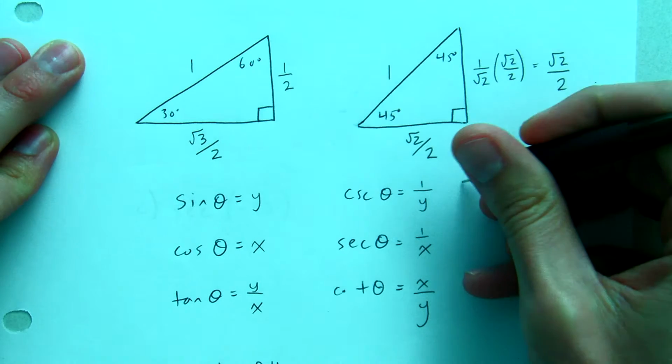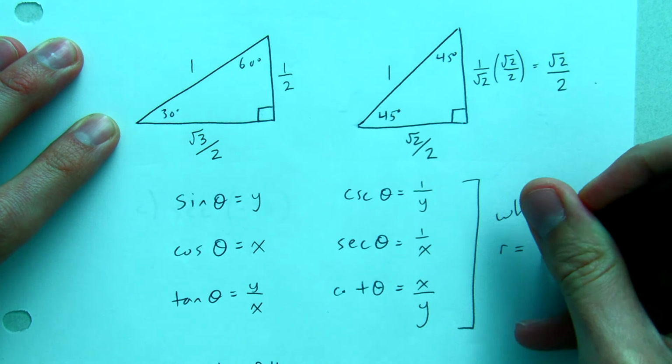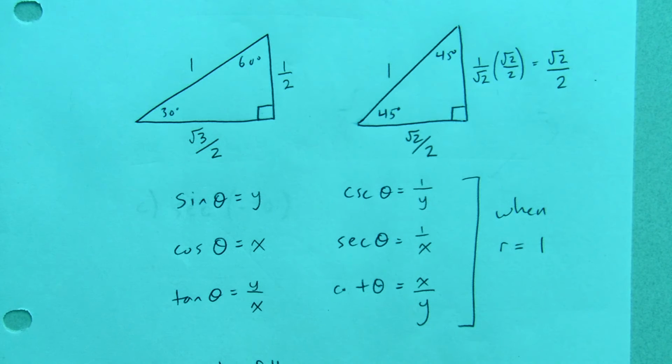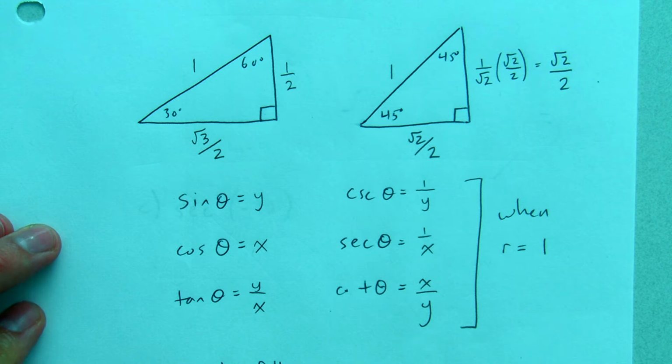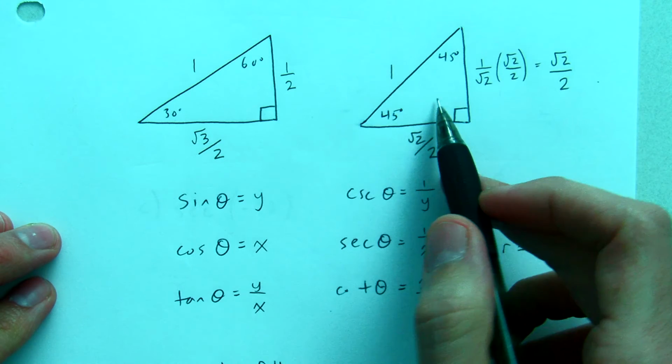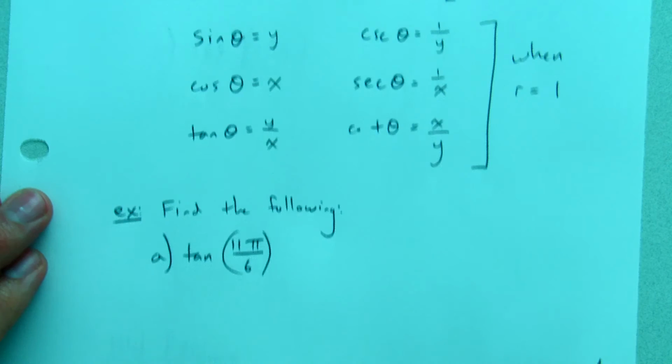These are for when the hypotenuse, or when r equals 1. So we can use this to find trig functions of any angle that happens to make one of these two special right triangles, as 135 degrees did in the last example.